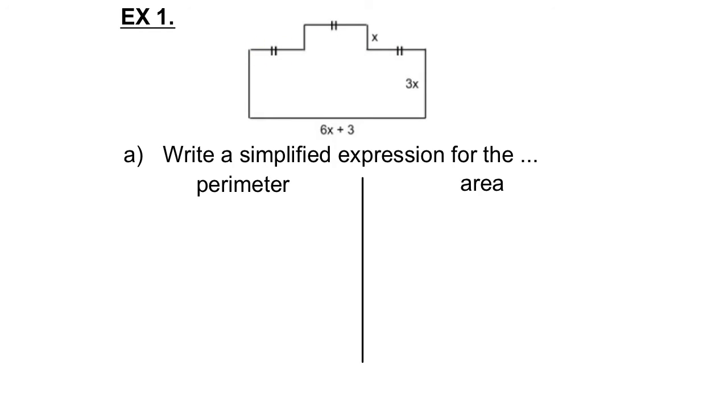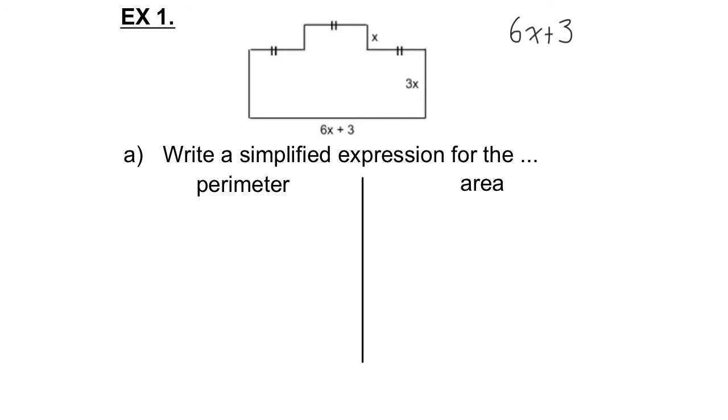Well, these three here are all the same length. We know that because of the little symbols. But what is the expression for the length? Well, the entire length from here to here is 6x plus 3. Well, that's the same from here to here, and it's divided into 3 equal pieces.